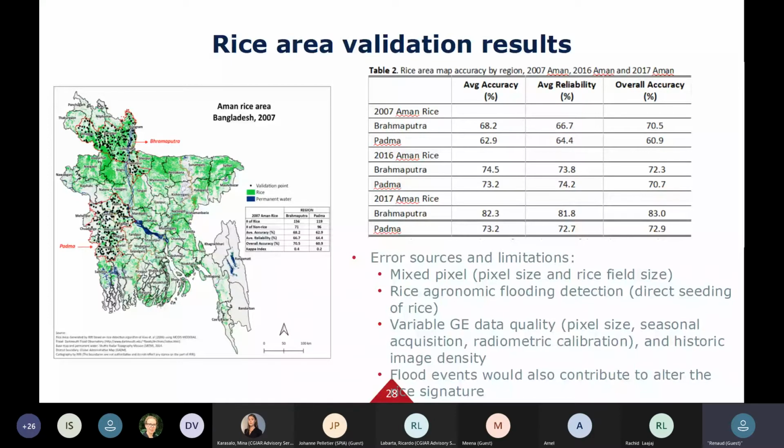And also the historic image density, so you have more images now than you had in 2007. So all these factors make it a little bit more difficult to interpret the data, especially for the earliest year. And also, I need to mention that flood events will also probably alter the signature of the rice.